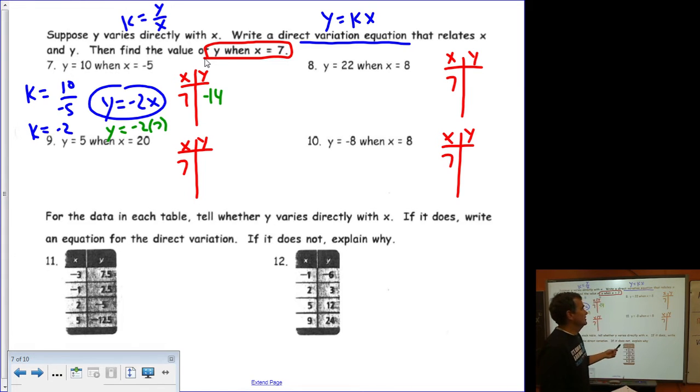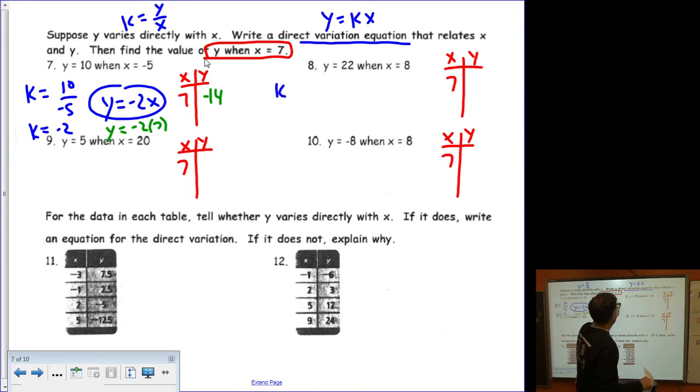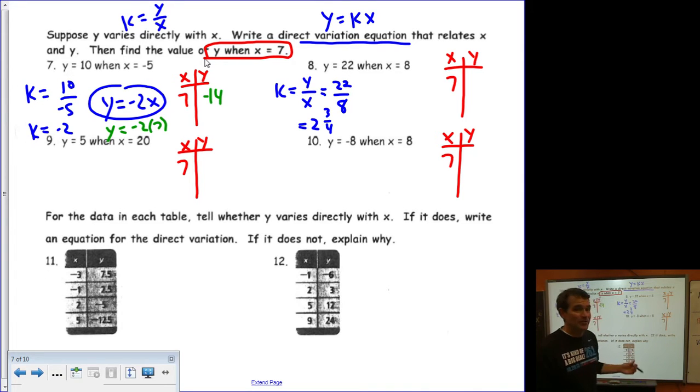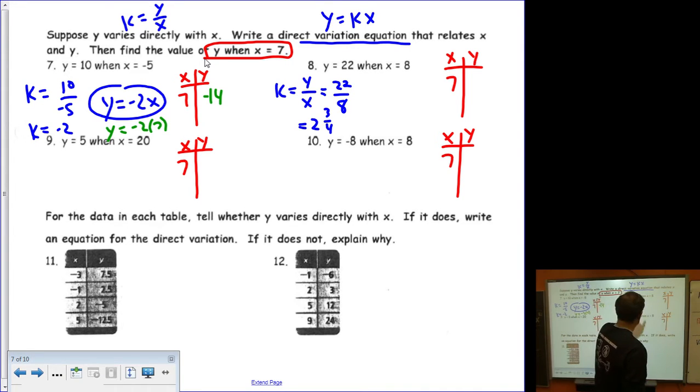In number 8, if I want to write an equation, the first thing I need to do is figure out the k value. K is equal to y over x, which would be 22 over 8, which would equal 2 3/4, I suppose. And so I think I'm actually going to make that a fraction.